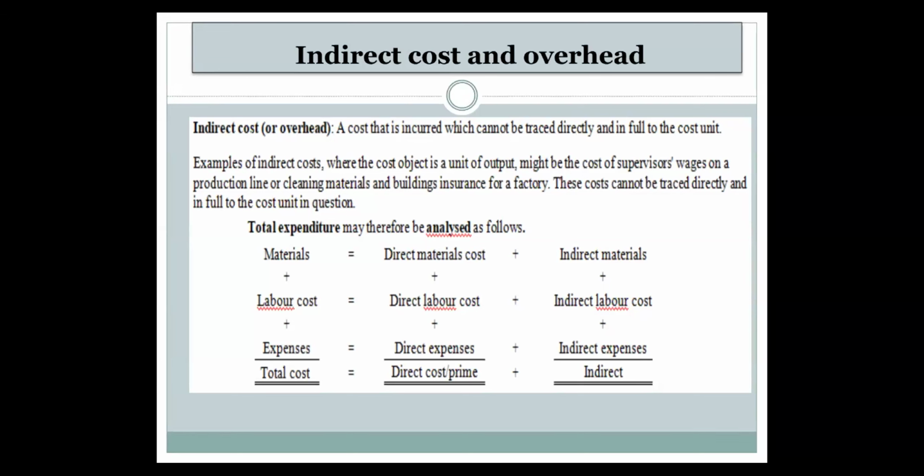The expenditure may therefore be analyzed as follows: direct material, direct labor, and other expenses equal total direct cost, or prime cost. Indirect material, indirect labor, and indirect expenses equal total indirect cost. And total direct cost plus total indirect cost equals total cost.